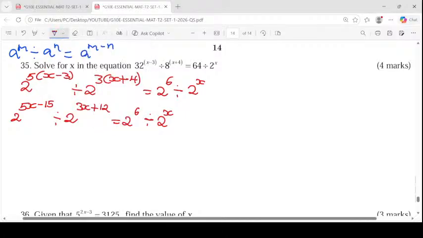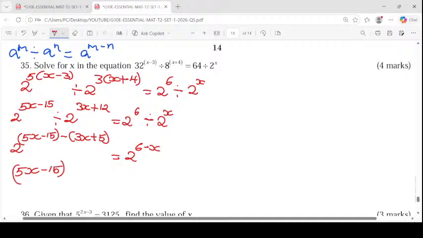This will now be 2 to the power of 5x minus 15 minus 3x plus 5 should be equal to 2 to the power of 6 minus x. In this case, you can drop the bases and proceed with the powers. So this will be 5x minus 15 minus 3x plus 5 is equal to 6 minus x.